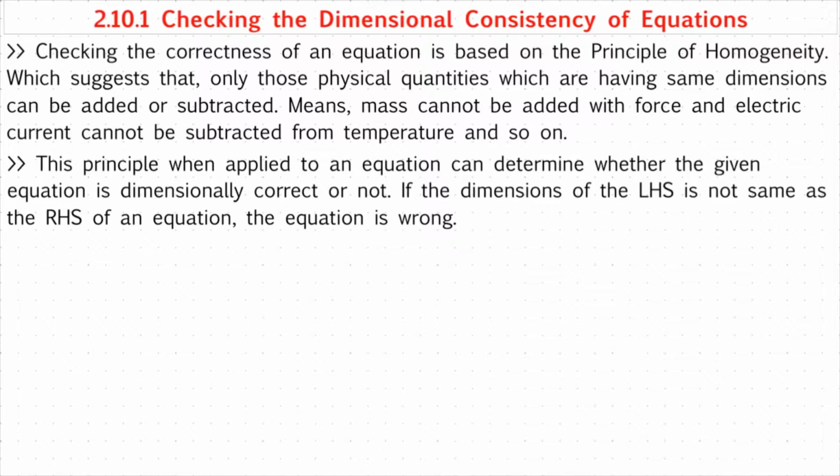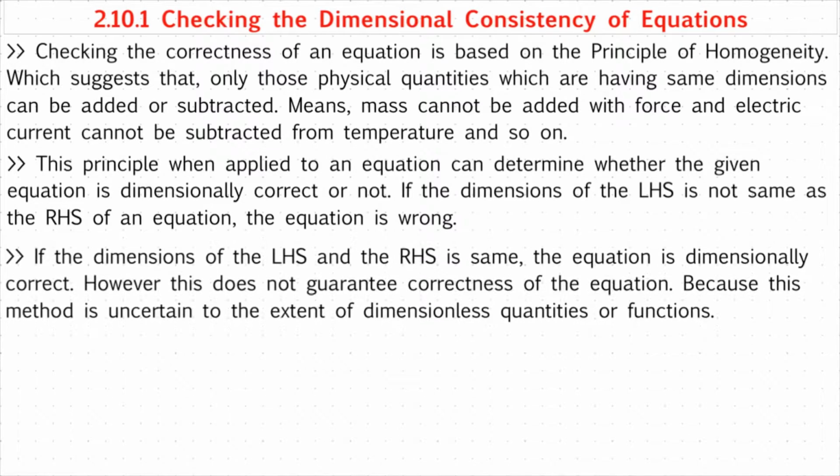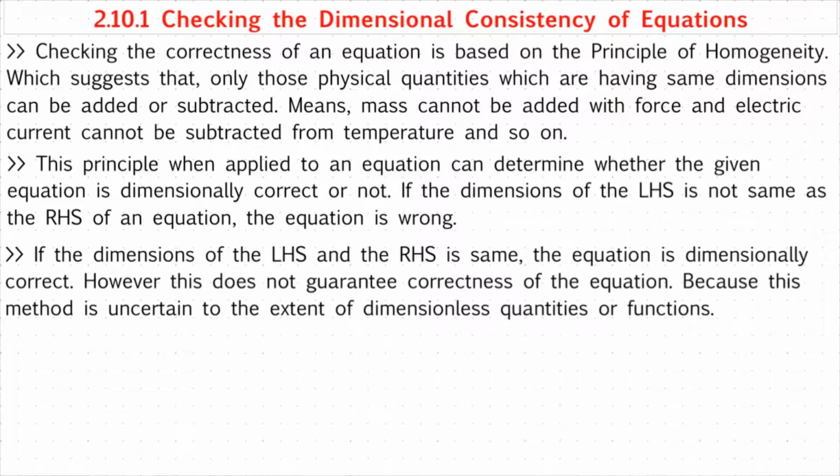We can check whether the equation is right or wrong. If the dimensions of the left side and right side are not the same, then it is definitely wrong. Now, if the dimensions of the left side and right side are the same, the equation is dimensionally correct.